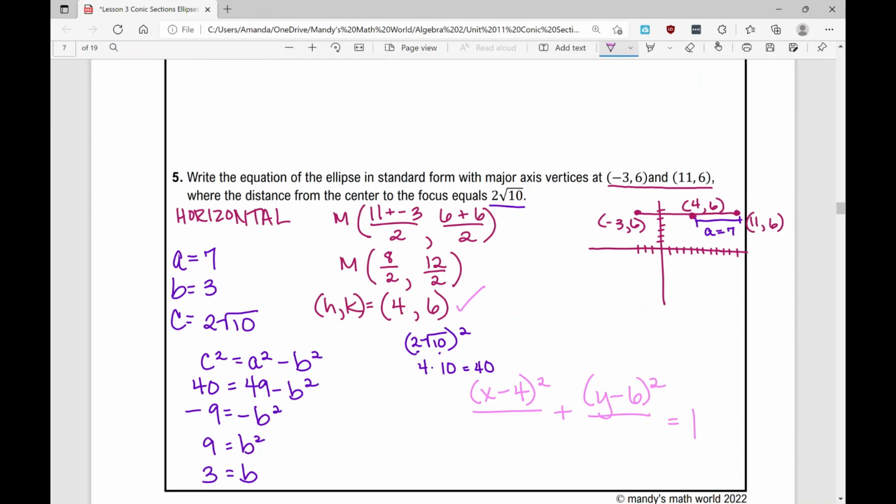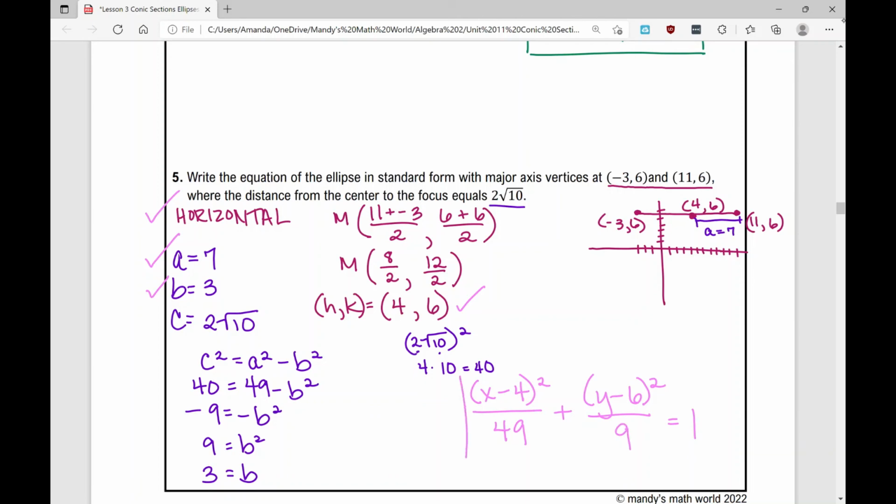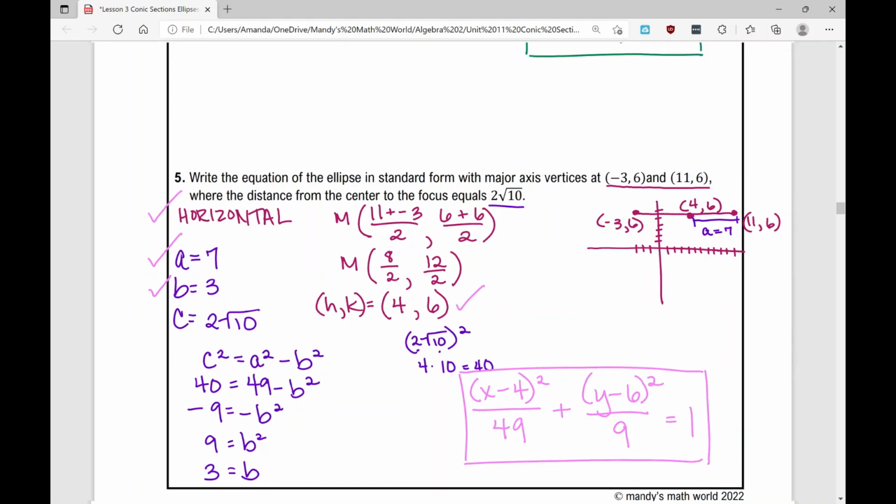Now I have these values of a and b. I know my ellipse is horizontal, which means the a value goes under the x term. If a is 7, a squared is 49. The b value goes under the y term. If b is 3, b squared is 9. And that's the equation for this ellipse. Let's move on to the next one.